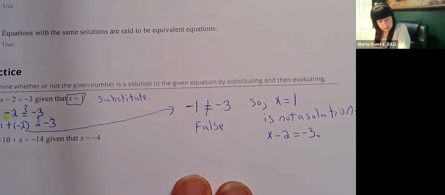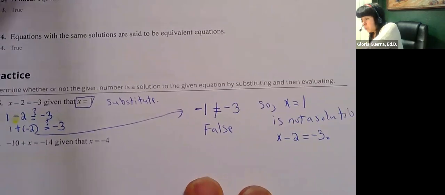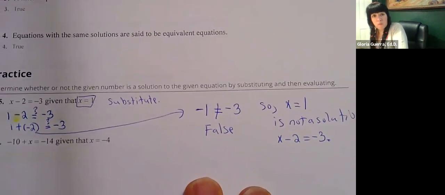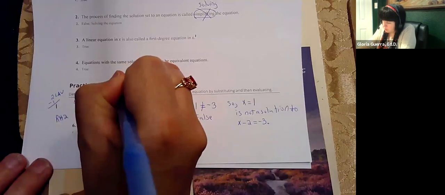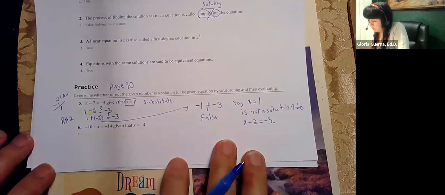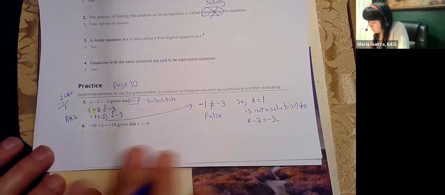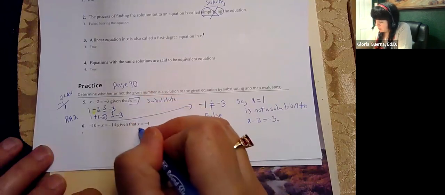Right, so let's look at the next one. And again, this is the bottom of page 90 in your big math 410 workbook. So -10 plus x is equal to -14, given that x equals -4.